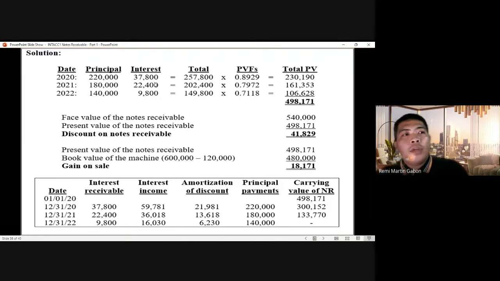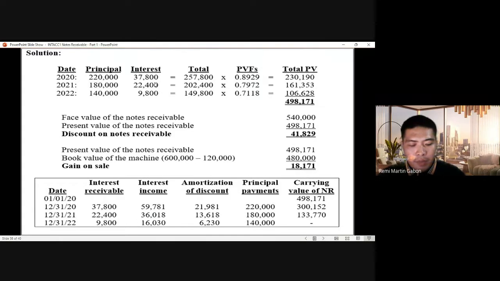Then after considering 220,000, our unpaid balance becomes 320,000, that is 540,000 minus 220,000.